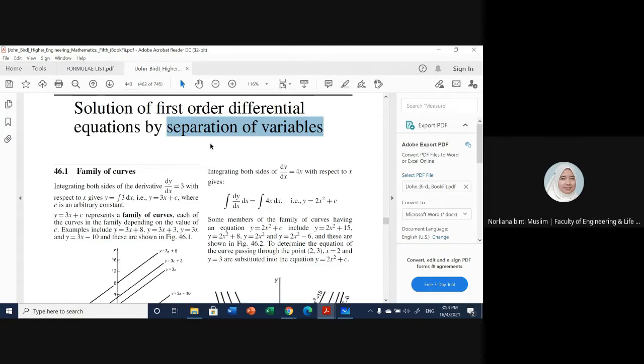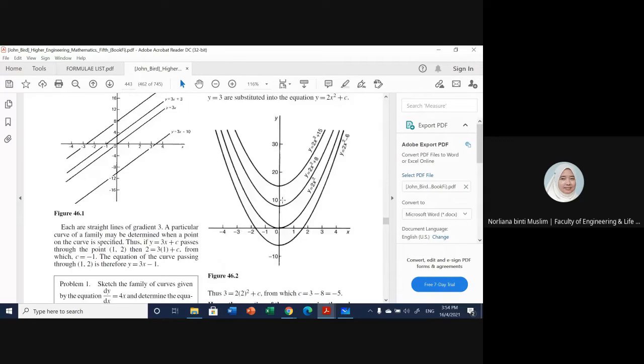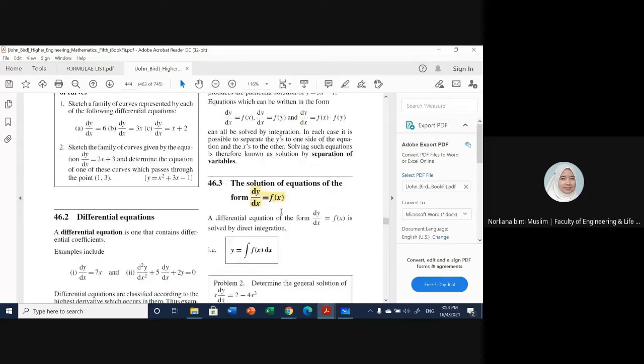Separation of variables contains different techniques, not only one method. There are several techniques belonging to separation of variables. So I will review the first one.